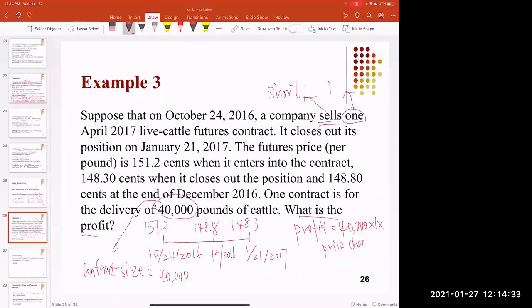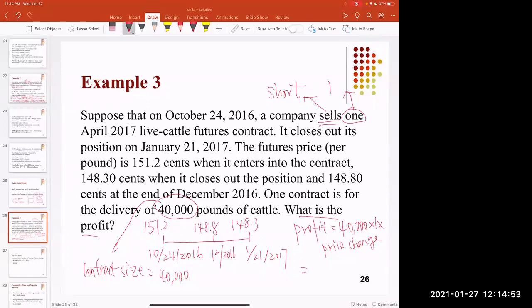What is the price change? Anybody can tell me? Based on the numbers on the timeline, can you tell me the price change? It's 2.9.